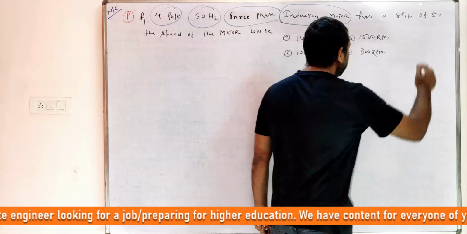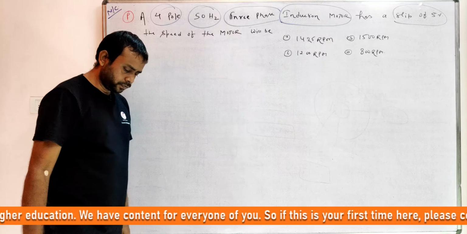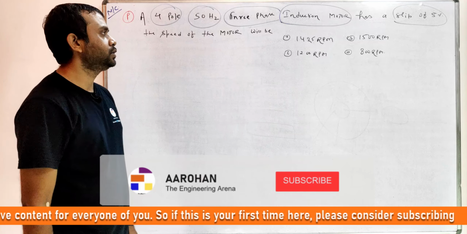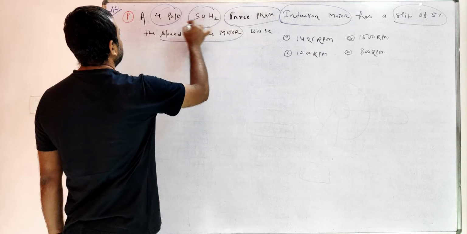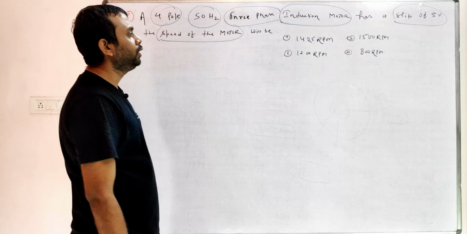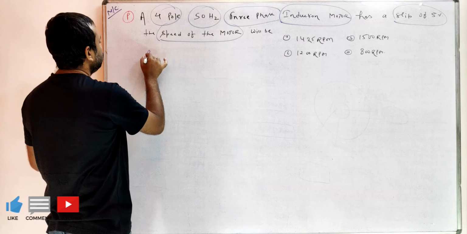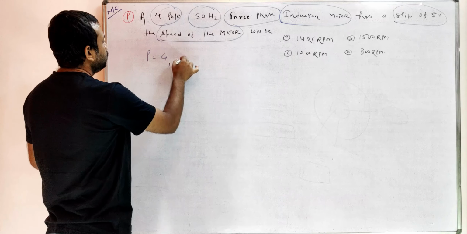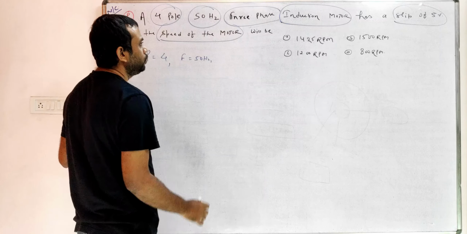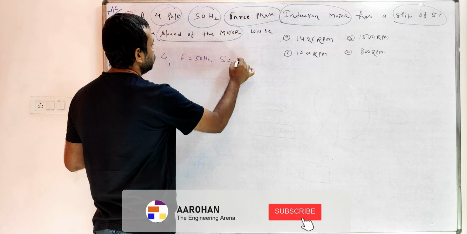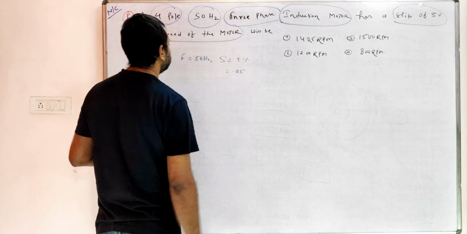So the number of poles is 4, the supply frequency is 50 Hz, and the slip is 5%, which is 0.05.